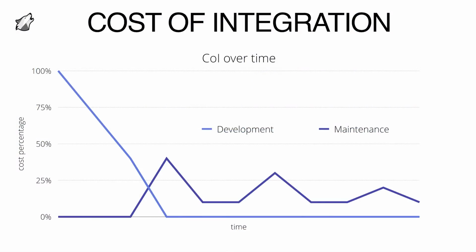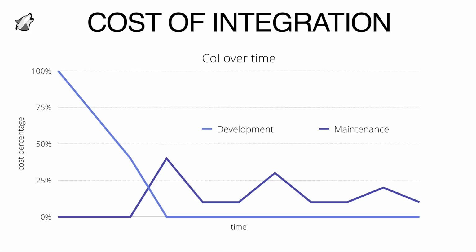So the second cost here is the cost of maintenance. And the maintenance starts at 0%, so it doesn't have any impact on the total cost. But over time, right after the release, you'll probably have bugs. So you'll need to spend time fixing those bugs.